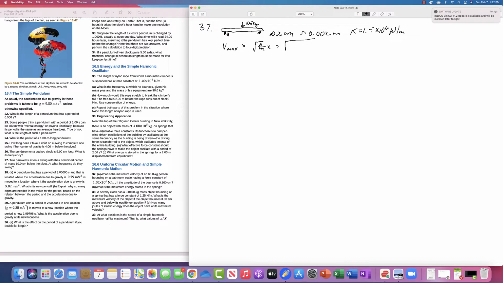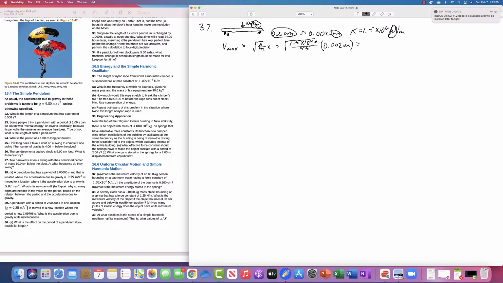Since we always have to change the centimeters into meters because this is in newtons and this is in kilograms, we put 1.5 times 10 to the 6th here, and 85 kilograms here, and 0.002 meters here. And the answer is going to come out in meters per second.